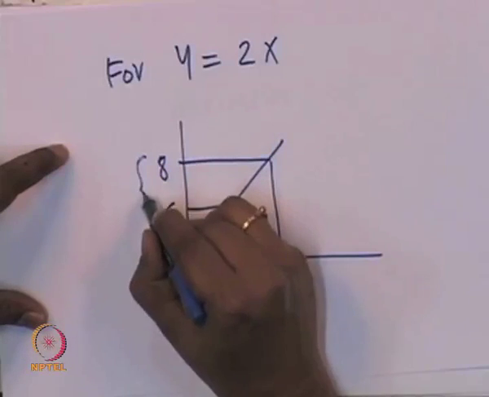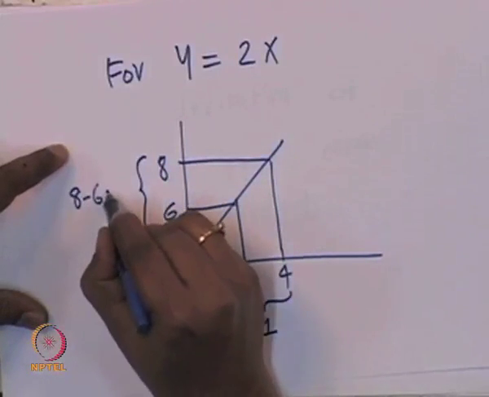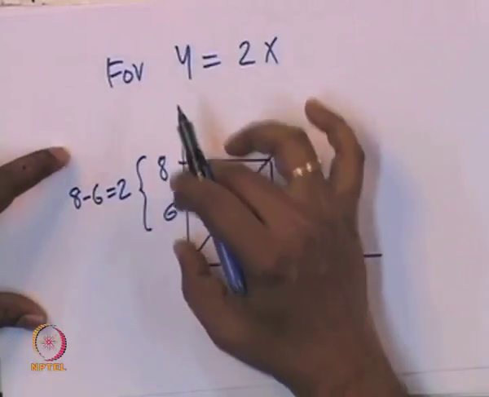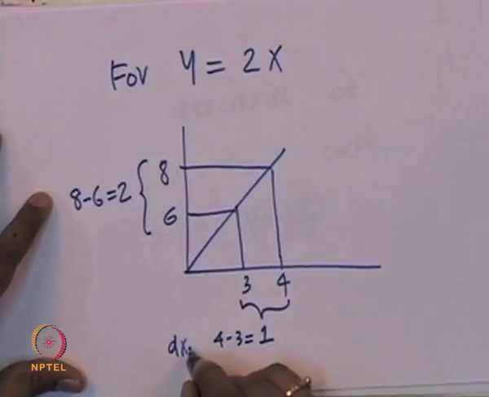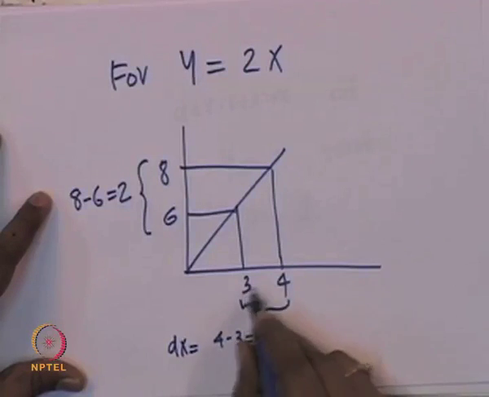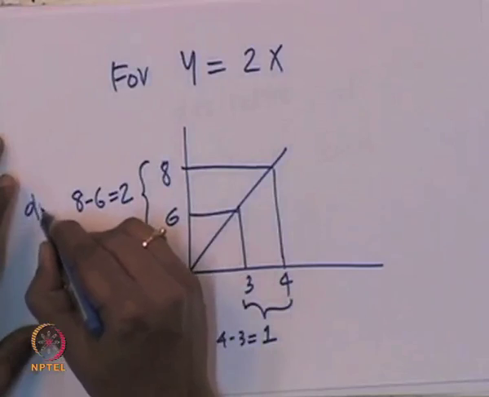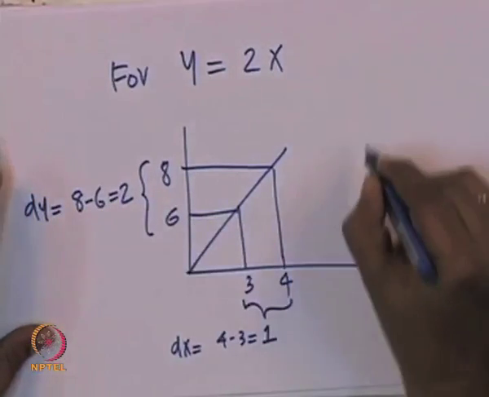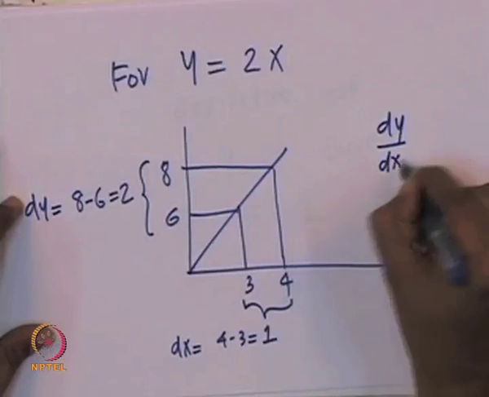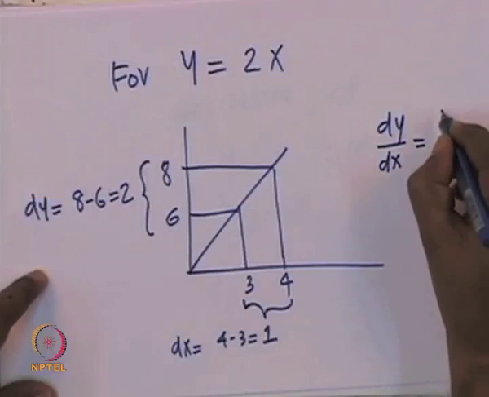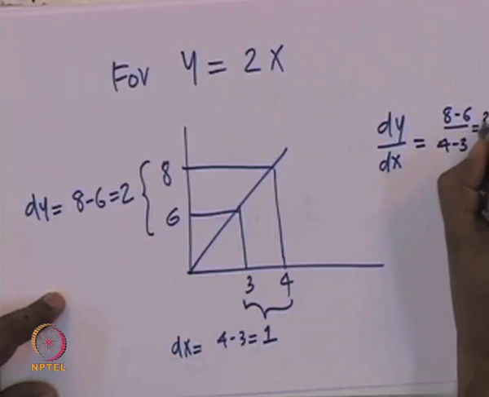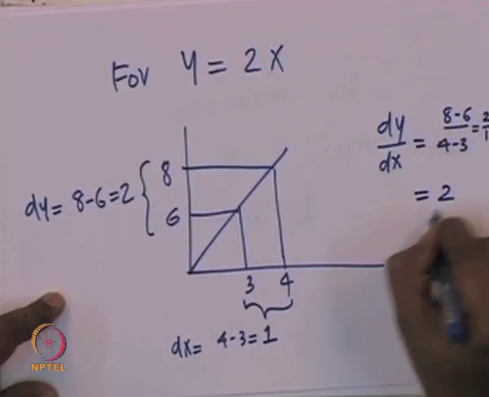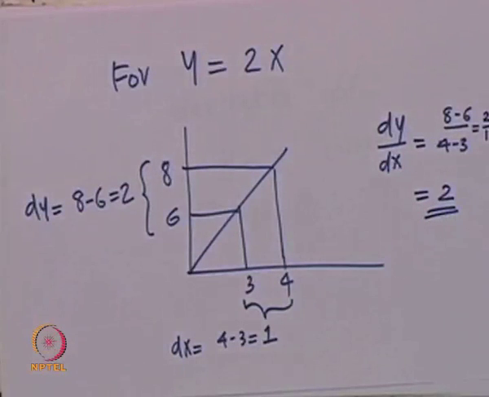Here this difference is 8 minus 6 equal to 2. So, let me call this dx, which is the change in x, which is 4 minus 3, and this is dy, which is 8 minus 6, and dy by dx is 8 minus 6 by 4 minus 3, which is 2 by 1, which is nothing but 2. So, the derivative of y equal to 2x is 2.